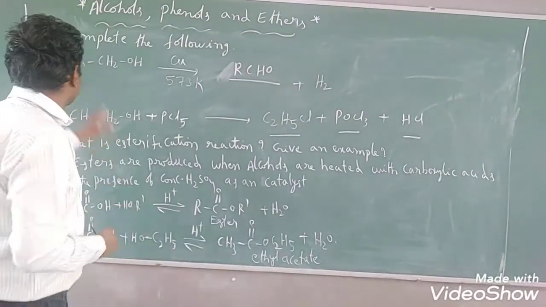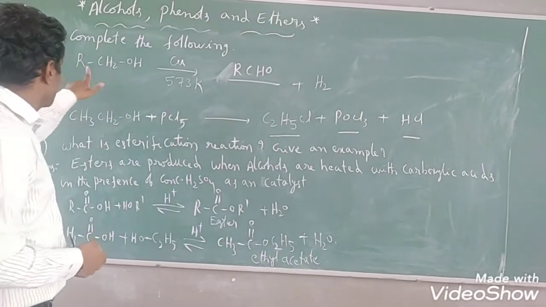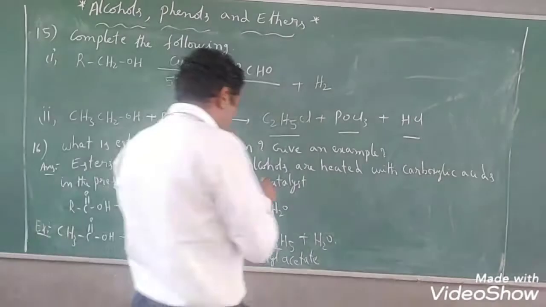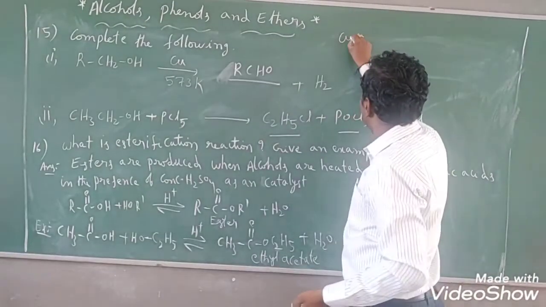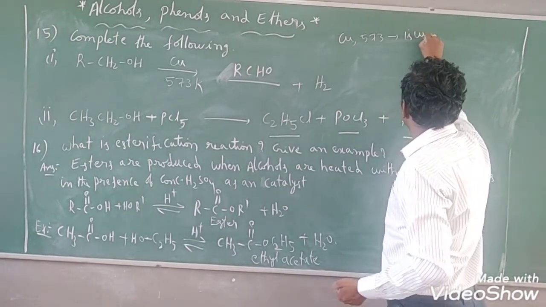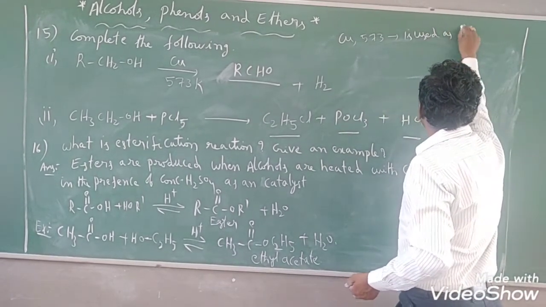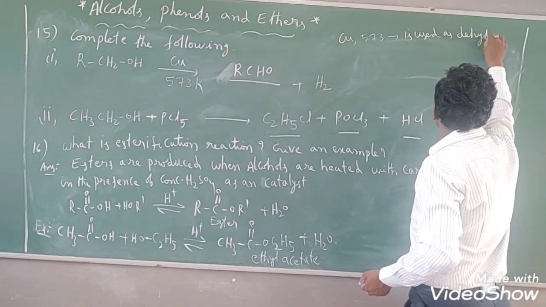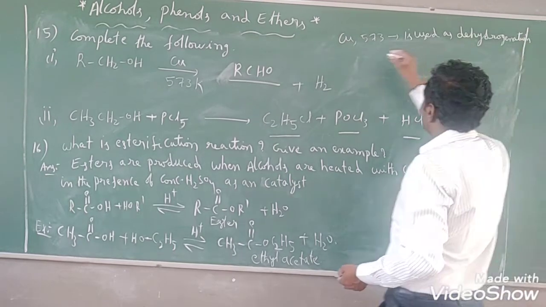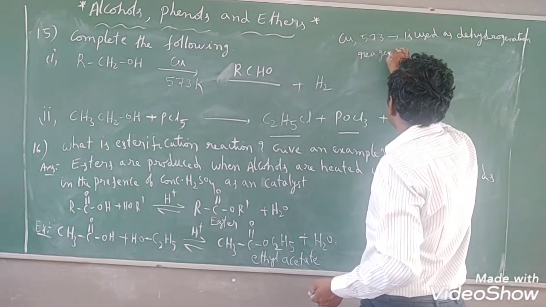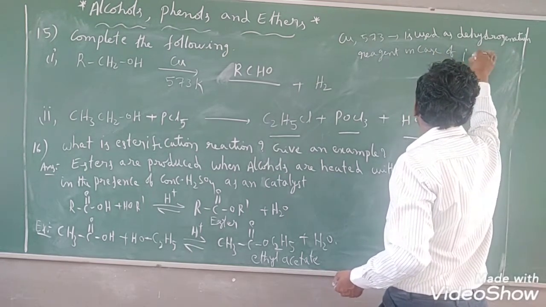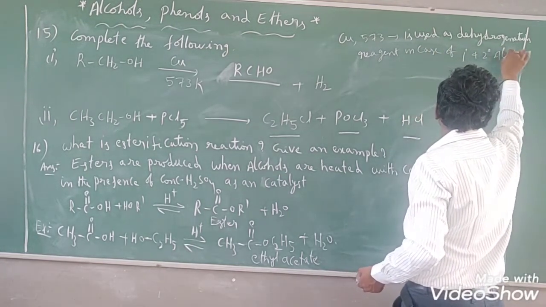Let us see, students, the next question. Complete the following. Alcohol given, copper 573 Kelvin. Here I have used already that copper 573 Kelvin is used as dehydrogenation reagent in case of primary and secondary alcohols.